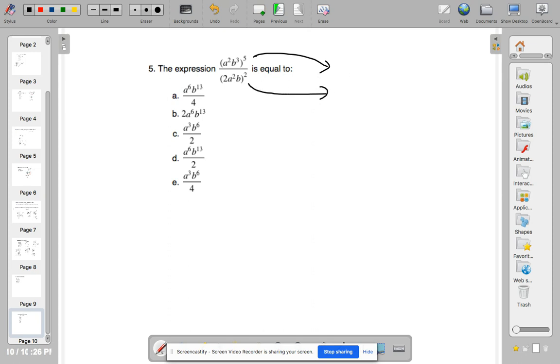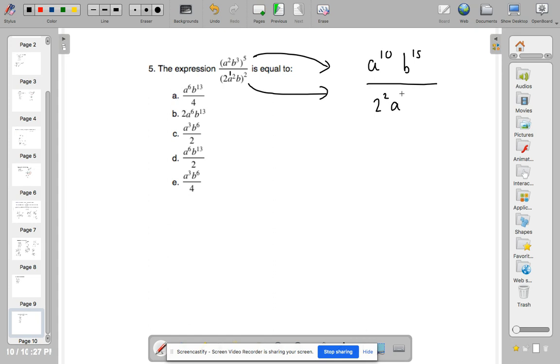On the top, I've got a to the power of, remember there's brackets involved, 5th index law, I'm multiplying. B to the power of, 3 5s are 15. Over, now I'm going to put a little 1 there to remind me that I've got to include that as well. So 2 to the power of 1 times 2 is 2.